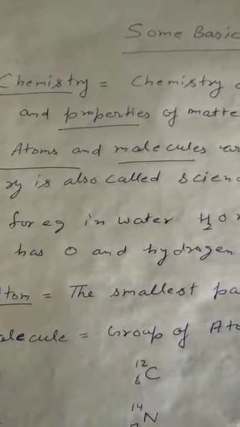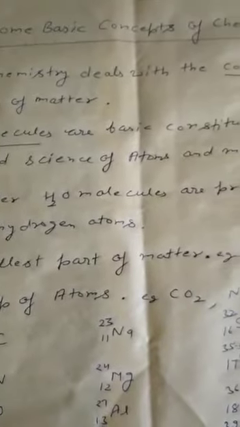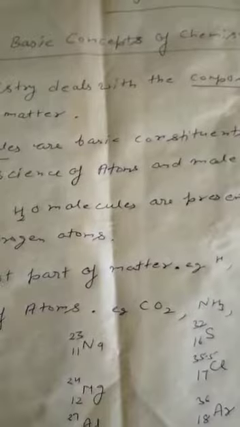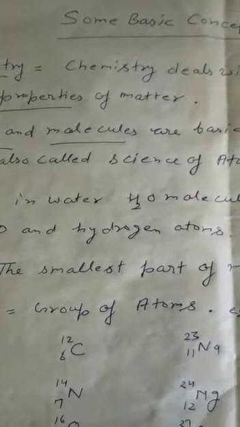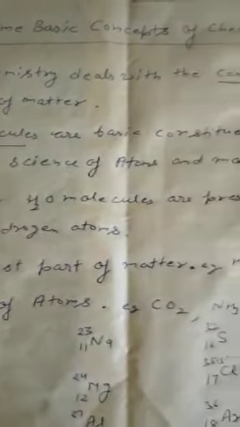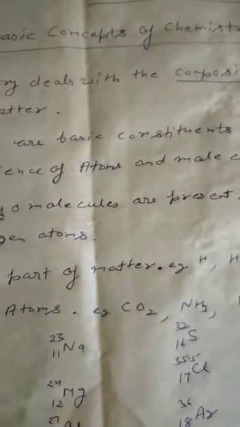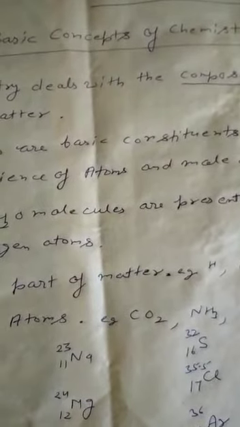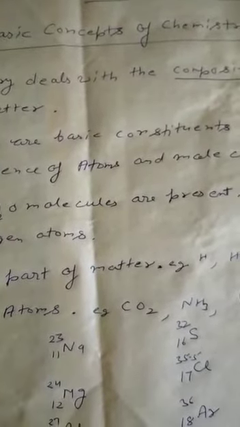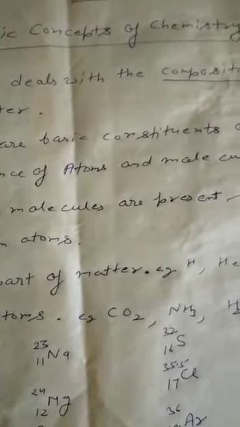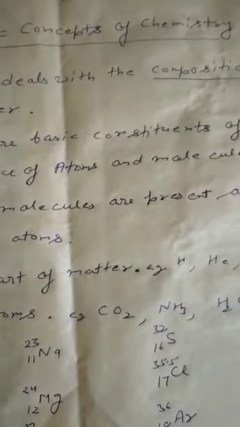So we can say that atoms and molecules are basic constituents of matter. So chemistry can be defined as the science of atoms and molecules. Mainly we are dealing with the study of atoms and molecules in the chemistry subject.